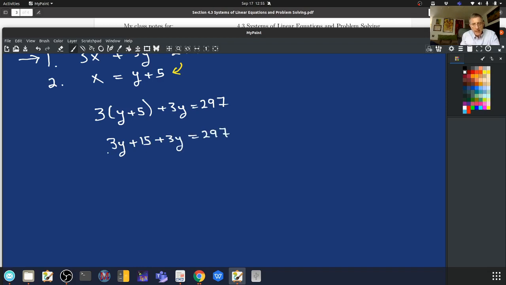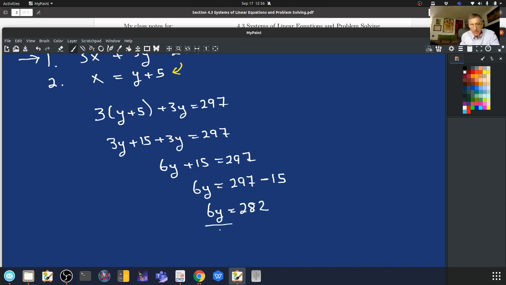Now I'm going to collect like terms first. That gives me 6y plus 15 is equal to 297. So 6y is equal to 297 minus 15. So 6y is equal to 282. So let's go ahead and divide through by 6.